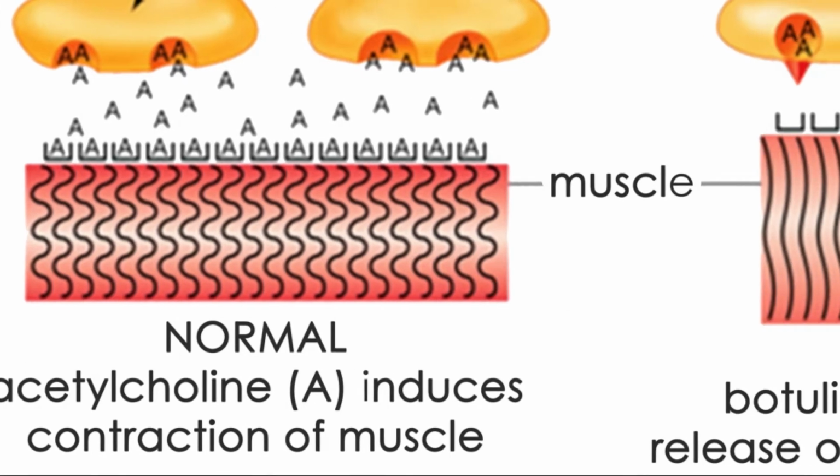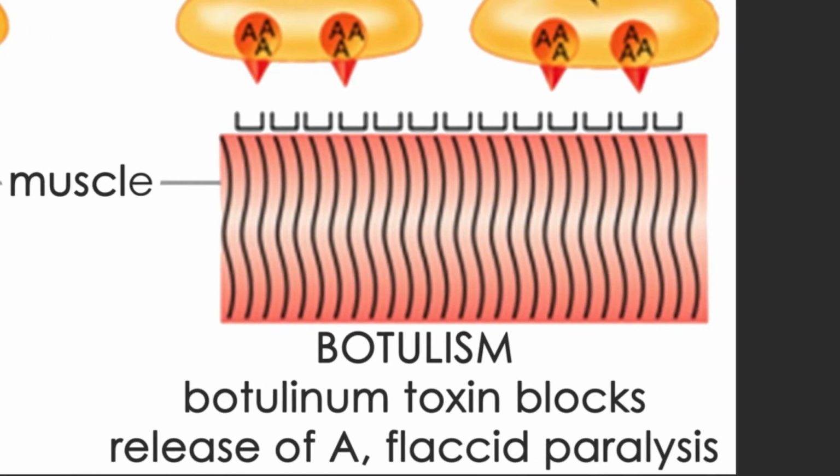Well, botulinum toxin, when you get botulism, which is a type of food poisoning typically, the botulinum toxin binds to the end of the neuron and blocks the release of acetylcholine, and the muscle never contracts, and you end up with a form of flaccid paralysis. And what will ultimately happen in a person who has botulism food poisoning is they'll begin with difficulty swallowing and things like that.